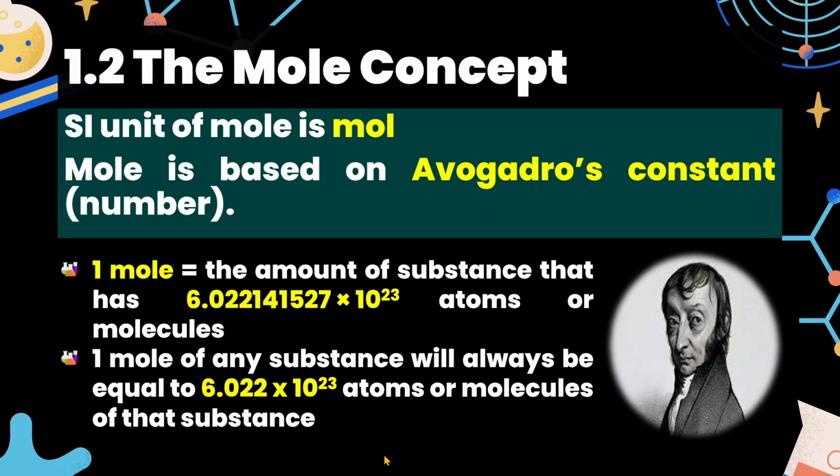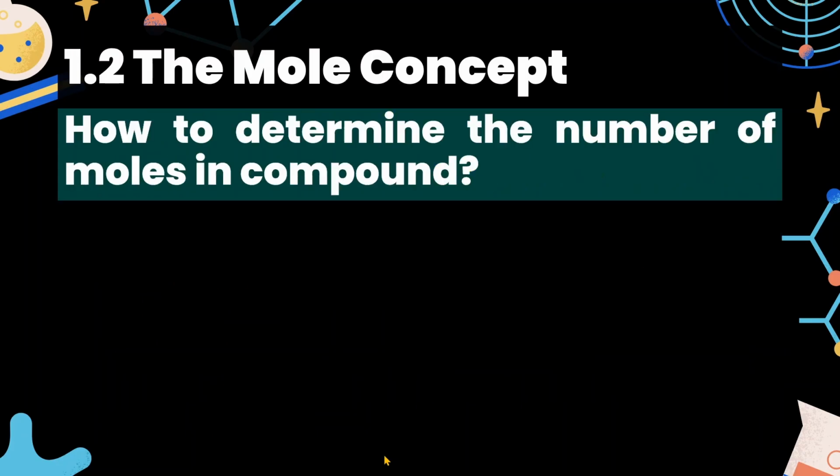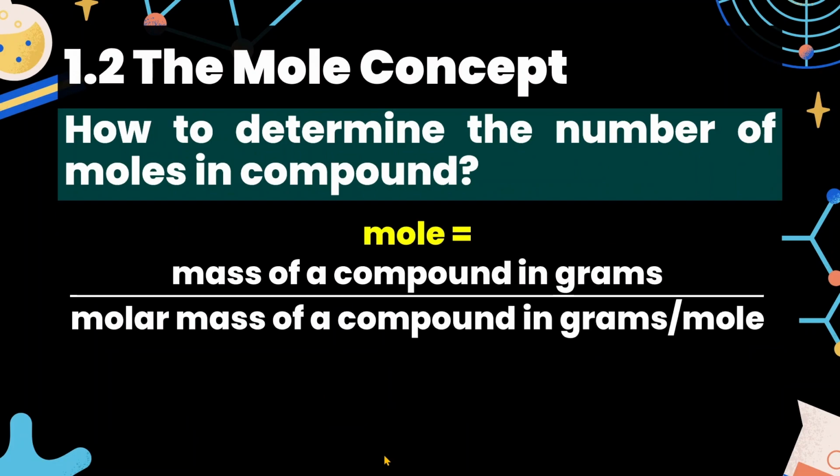So now that we know what a mole represents, let's see how we can use it in actual calculations. How do we determine the number of moles in a compound? We have the formula for mole. Mole is equivalent to the mass of a compound in grams. Take note of the unit, it must be in grams. Divided by the molar mass of a compound in grams per mole.